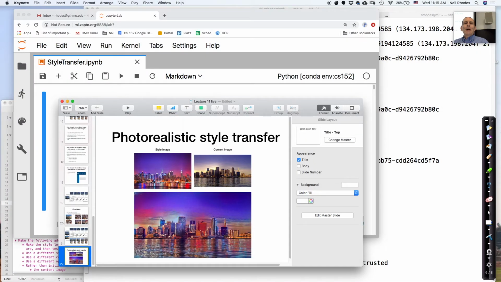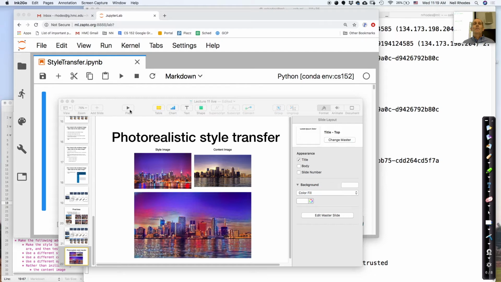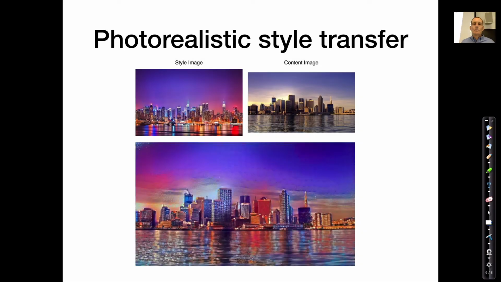Here's an example, again from the paper. Help me out, one of these is New York and one of these is London. I think that's New York. Yes. And this is London.